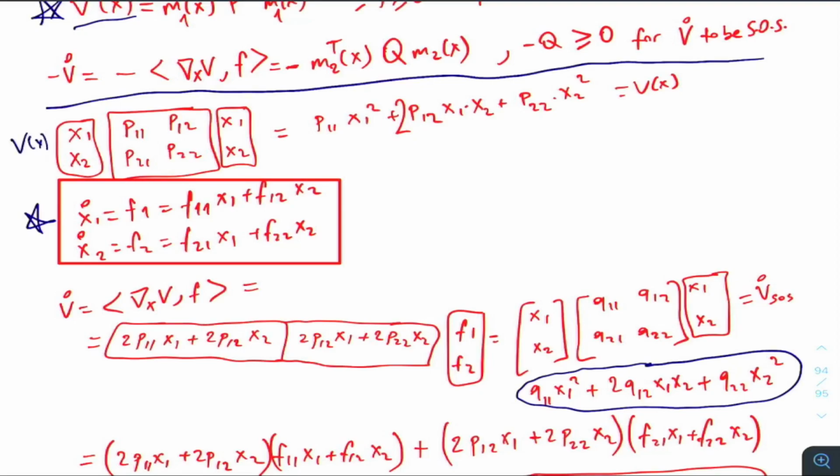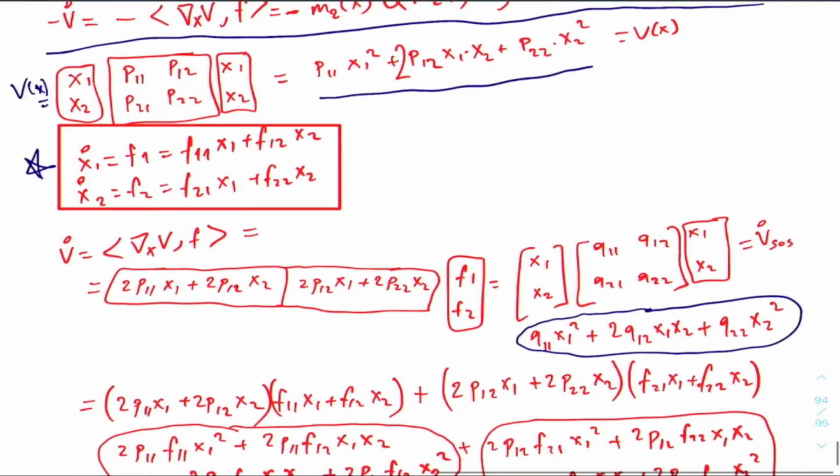You just parameterize your Lyapunov function using p values, p11, p12, p22, and this is again symmetric, and you have 3 parameters. If you know these parameters, that means you know your Lyapunov function. Then you expand your Lyapunov function in terms of p values. That's the first stage.